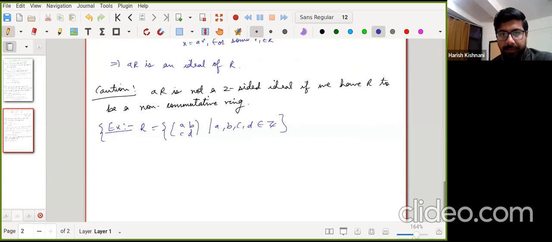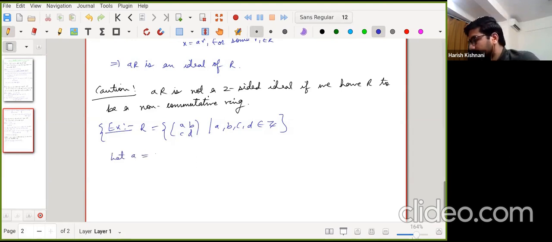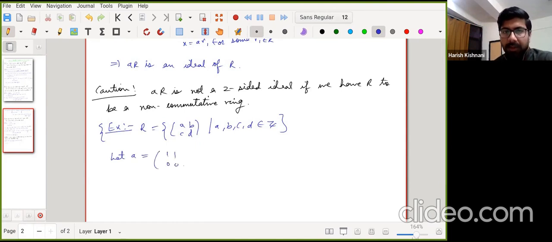And for defining AR, you need an element A. So I'm choosing an element A as this matrix, 1, 1, 0, 0. So definitely this is inside your ring R.